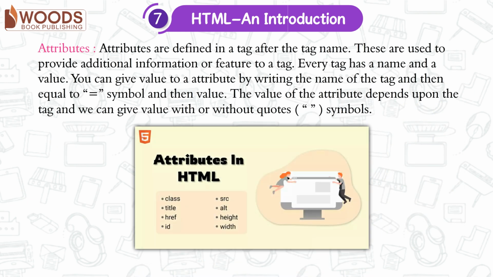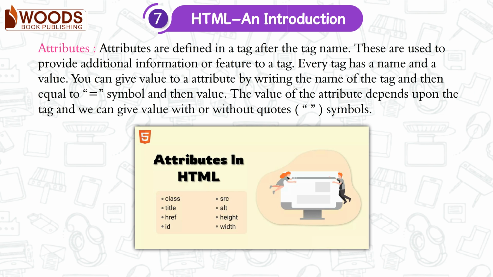Attributes. Attributes are defined in a tag after the tag name. These are used to provide additional information or features of a tag. Every attribute has a name and a value. You can give a value to an attribute by writing the name of the attribute and then the equal to symbol and then the value.